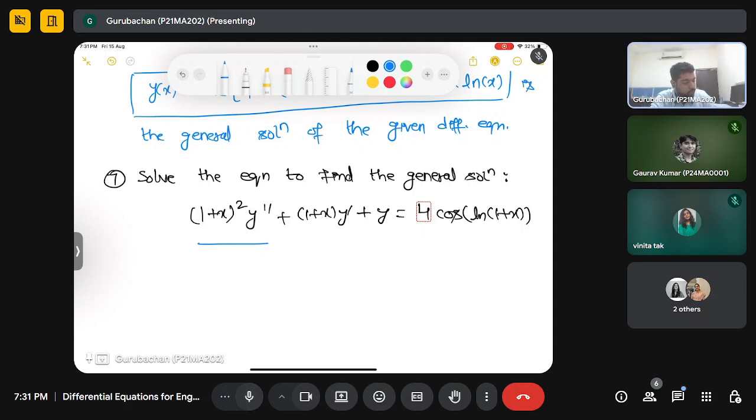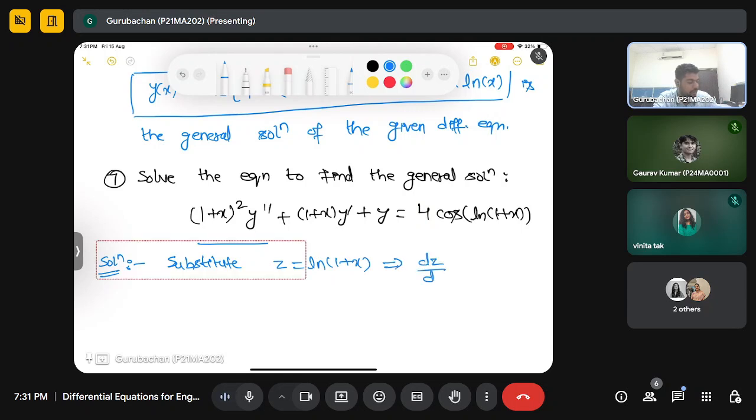So as I told you, this is a kind of Cauchy-Euler equation. So let me convert it into that form. Here we substitute z is equal to ln 1 plus x. Then dz by dx will be 1 by 1 plus x.